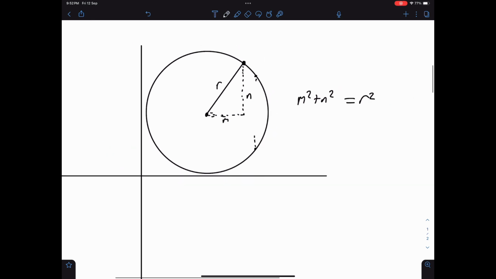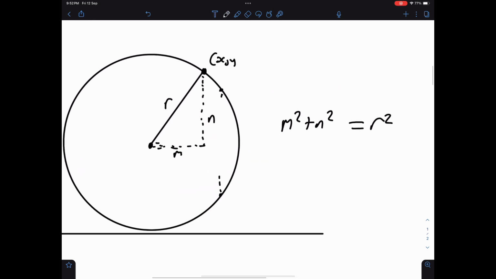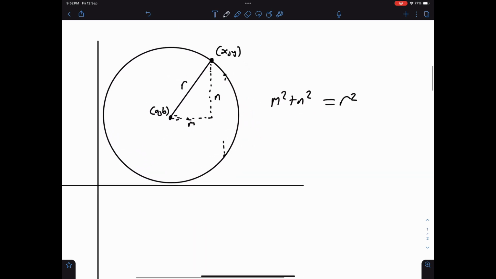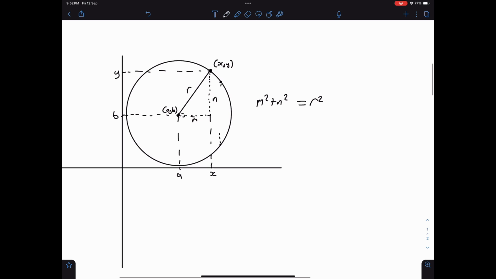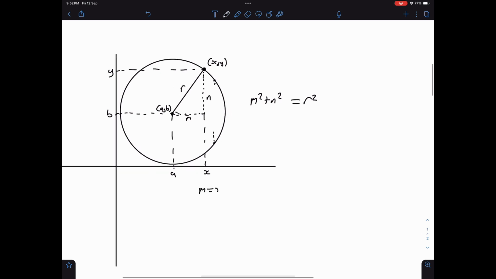And if you remember how we derived the distance formula, we'll call this x, y, and the centre a, b. We pull this down, we get x and a. And if we pull this across, we get y and b. What's this distance m then? Well, m would just equal x minus a. And then n would just equal y minus b, right?